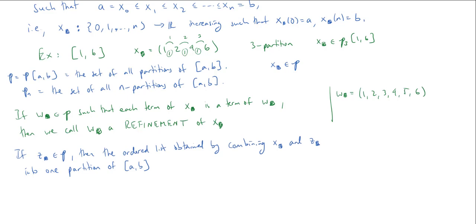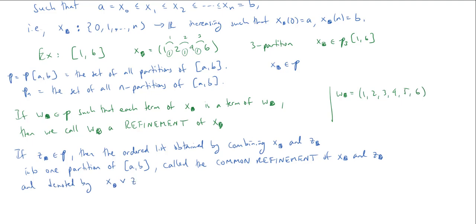So we're going to call this the common refinement of X and Z, and denoted by, and I'm just going to take the X and put a little wedge, okay?